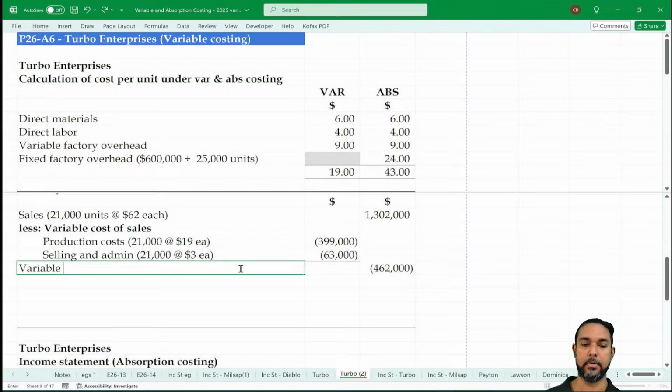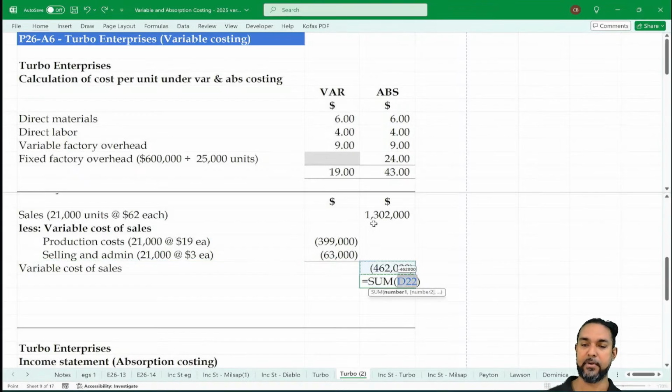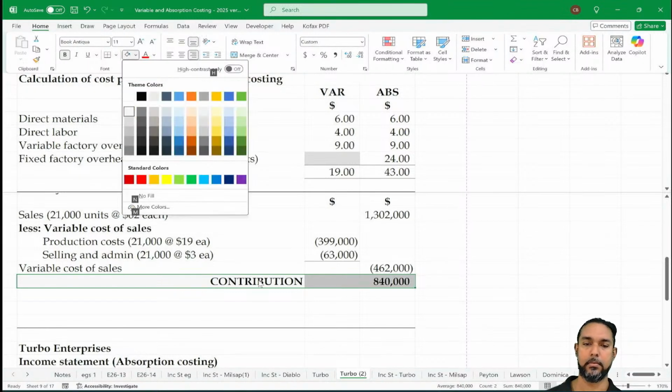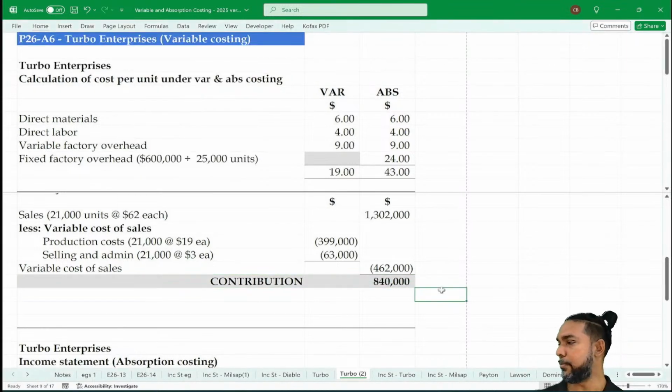So variable cost of sales, and we're going to subtract that from the sales revenue. This figure is called the contribution.